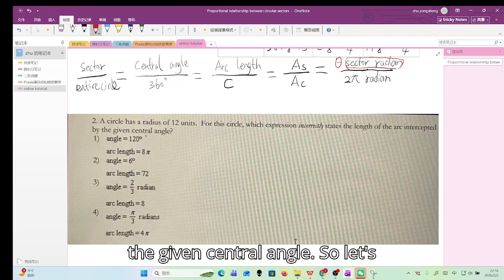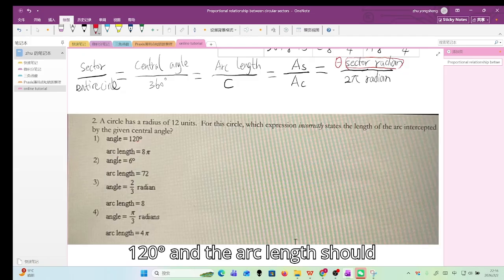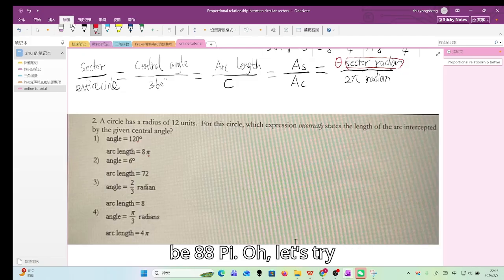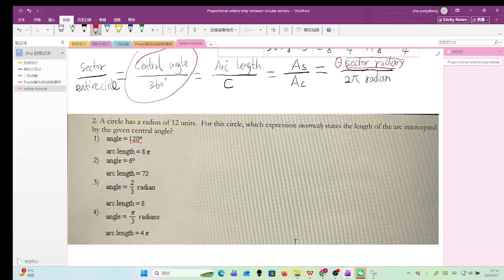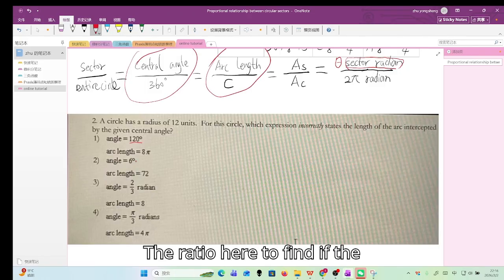So let's try. It says the angle equals 120 degrees and the arc length should be 8 pi. Let's try it. We use this 120 degrees and our equivalent ratio to find if the arc length is 8 pi.